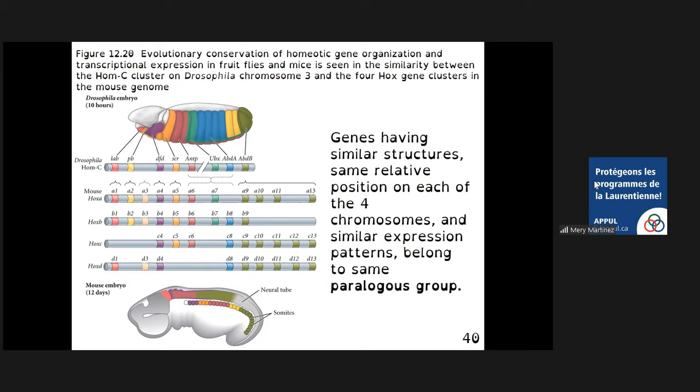And we have this anterior and posterior part. So here in this section of the figure, we see the similarity of the HOM-C cluster in Drosophila, and this is on chromosome 3. So just this section over here. And then we have the 4 Hox gene clusters in mouse chromosomes. So we have 1, 2, 3, and 4.